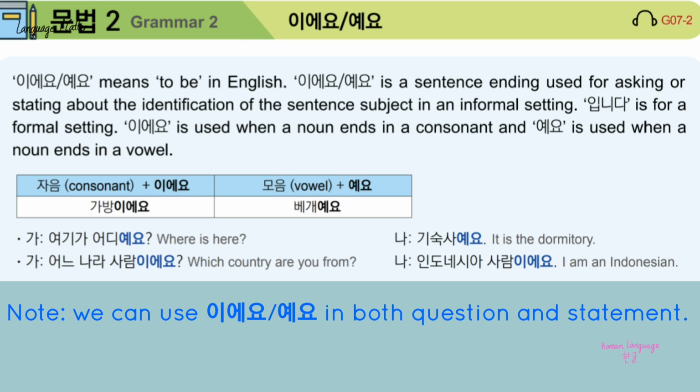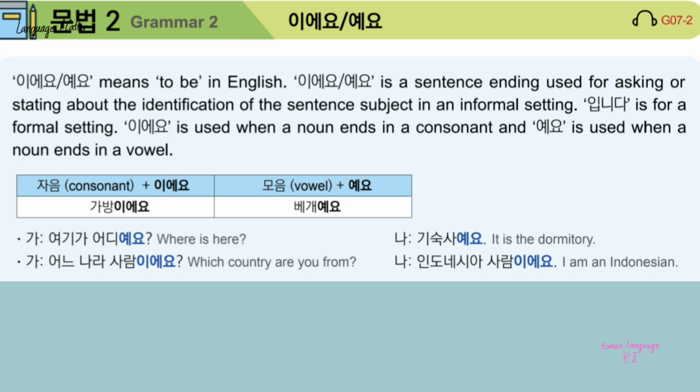Notice we can use 이에요 and 예요 in a statement or in a question. We don't have to change the form. And the answer, Indonesia 사람, is translated as Indonesian in English. But it's good to go ahead and say 사람 when you speak Korean.